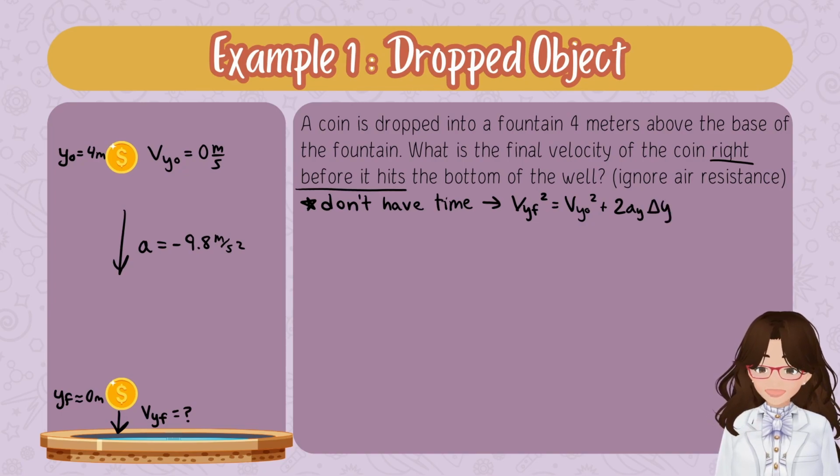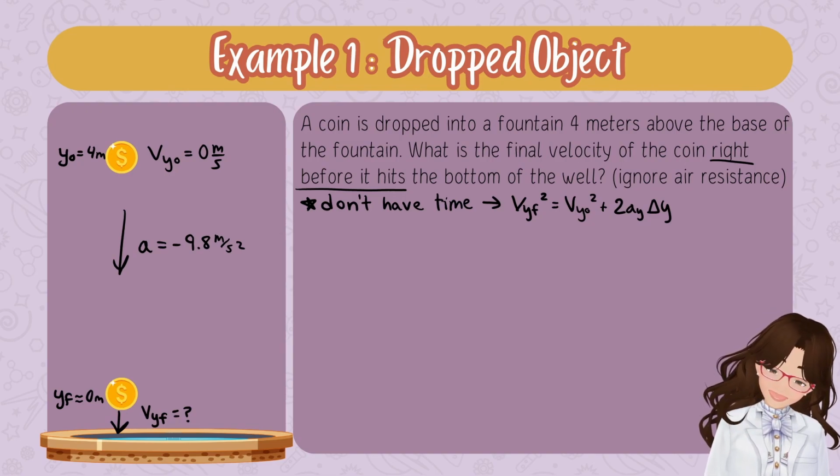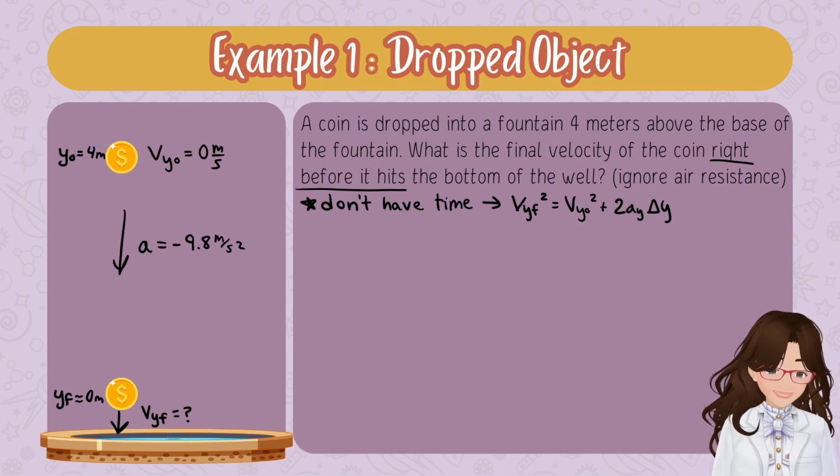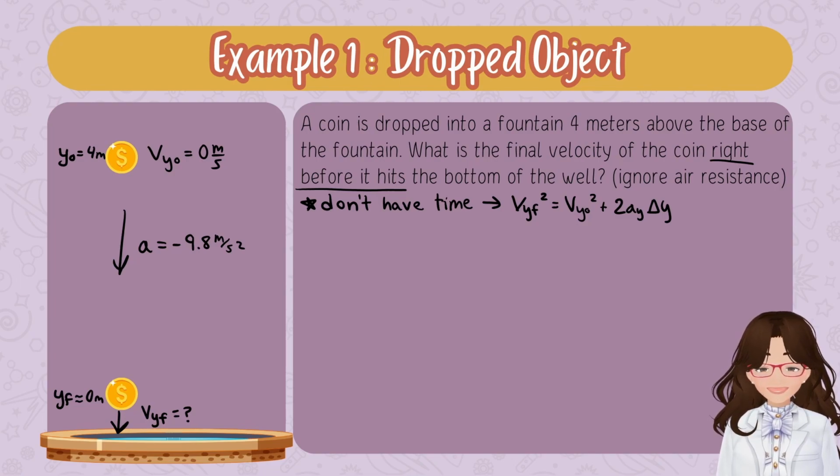Now again, if you don't do all the subscripts, that's perfectly fine. I'm just using the y value in my subscript to represent the fact that it's moving vertically. Feel free to use the x direction and the x notation, especially if that's what your teacher has you doing.